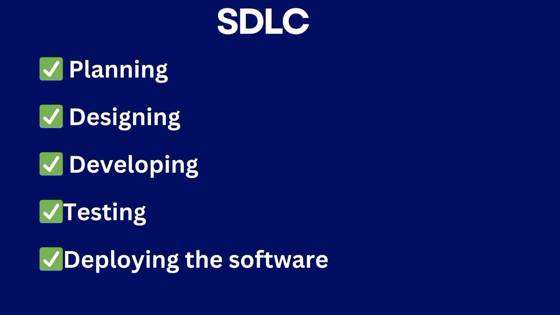In the development stage, we are looking at following the design completely, and then we're talking about writing code. Even at the stage of planning, we can plan what type of code we are going to use.